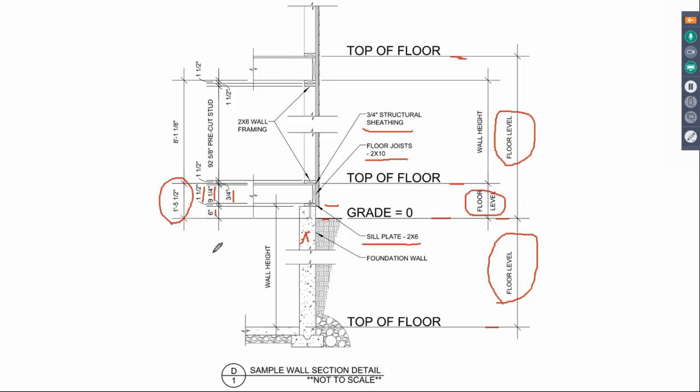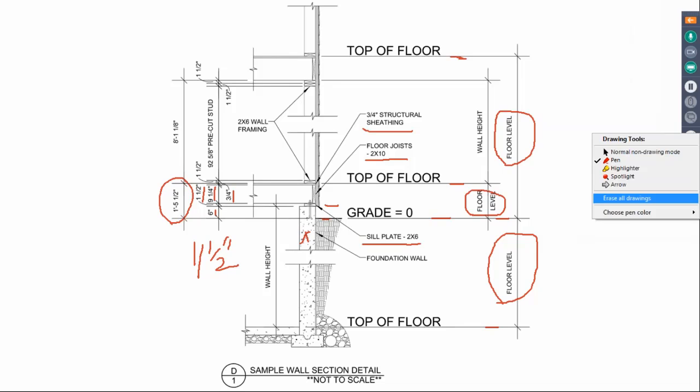So when we add up those three values of 1.5 inches plus 9.25 plus 3/4 inch, we get 11.5 inches. And when we add this value to our 6 inch value, that's how we arrive at our total of 1 foot 5.5 inches above grade for our ground floor floor level.